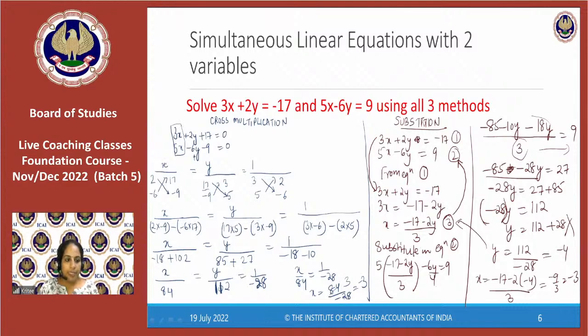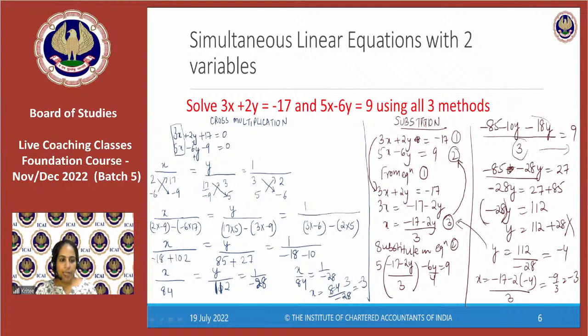When I am writing x, under x, I will not write the x coefficient. I will write all the other coefficients present. So it is 2 and 6, 17 and 9. Under y, I will be writing the next two pairs of the coefficients and the constants. So 17 minus 9, 3 and 5.